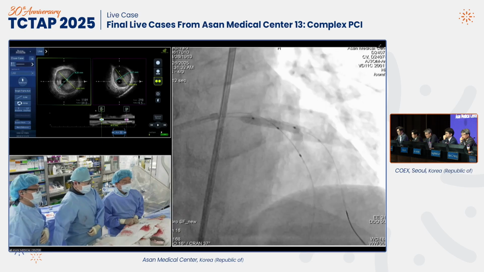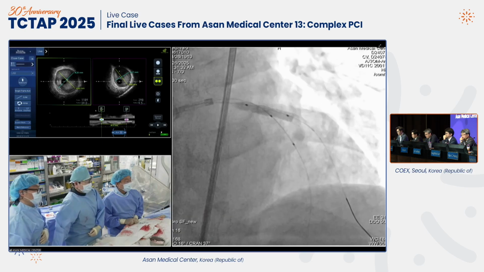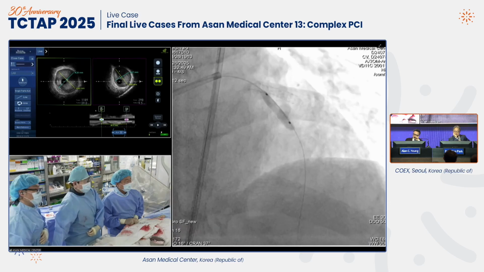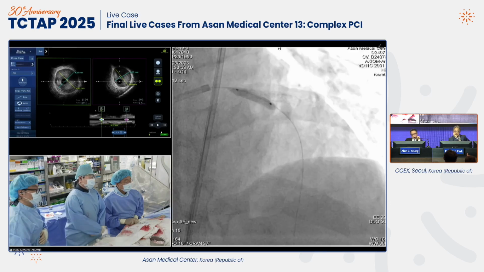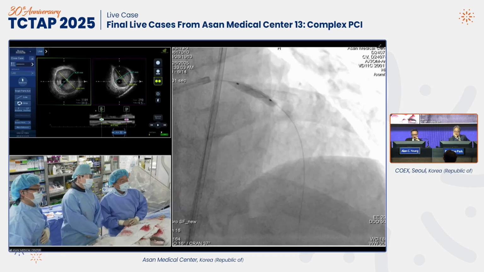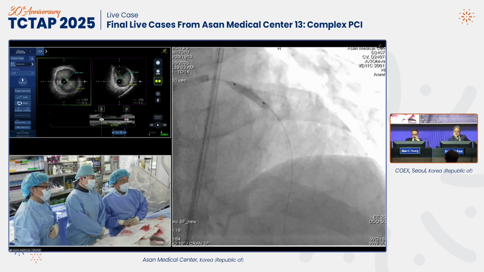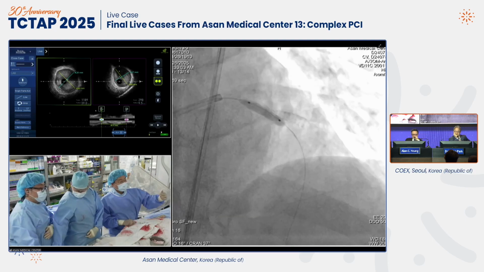And this is the side branch stenting. And then we did a balloon crush from the LAD with a high pressure. What size balloon? It was also 3.5. 3.5. And balloon crush first, right?